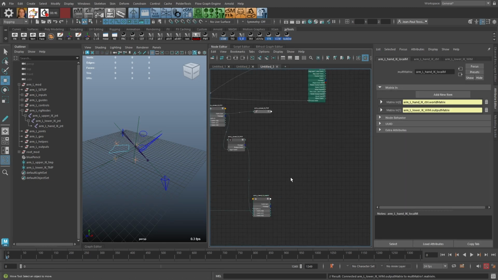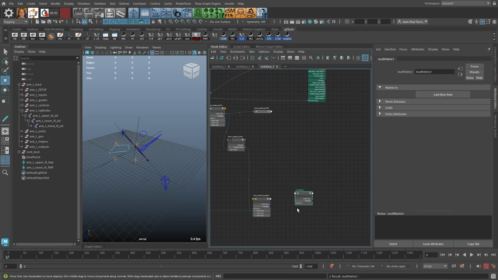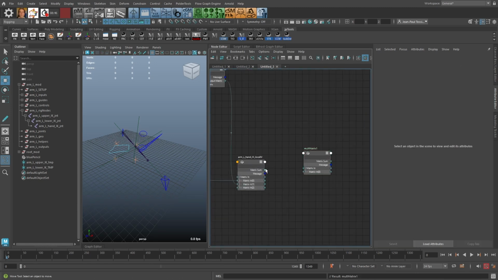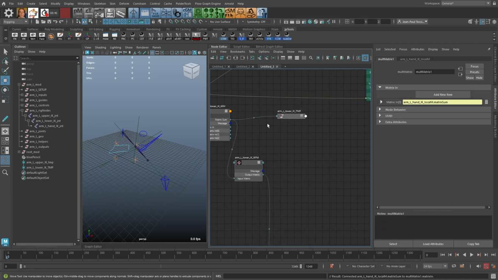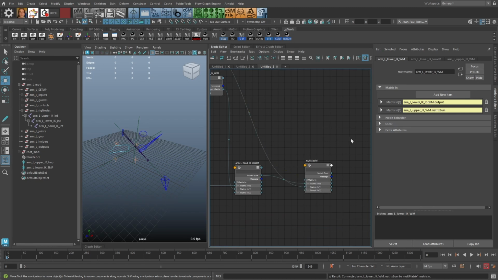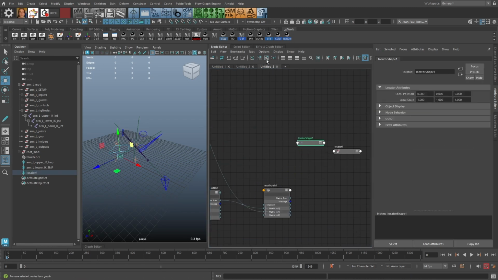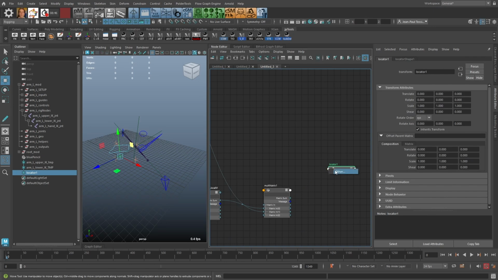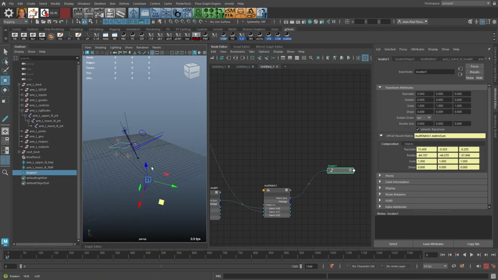So if we now take another mult matrix node and we multiply the output of this with the output of the lower arm IK, and we create another locator, we will see that this is at the position of the hand.